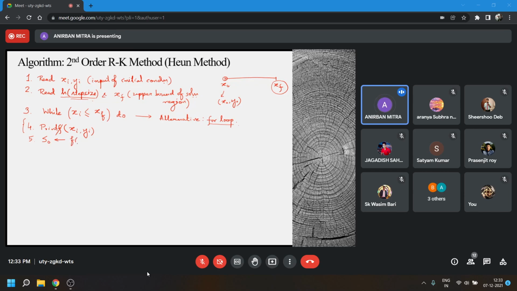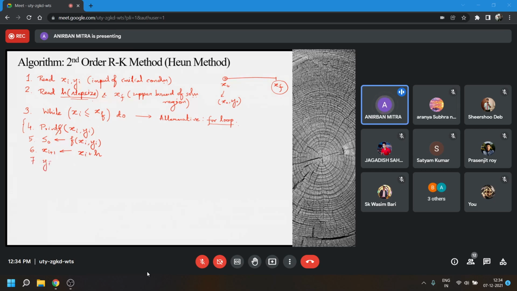So you have f of xi, yi. xi, yi are known, so obviously you can calculate the slope.